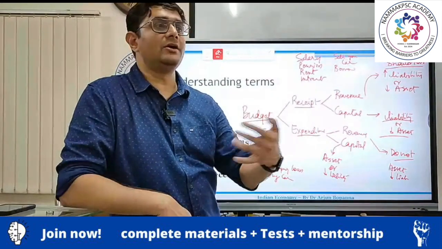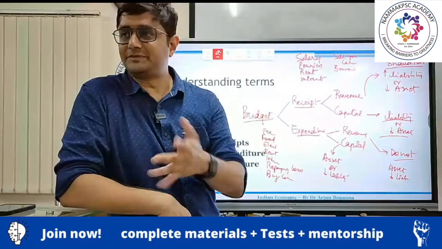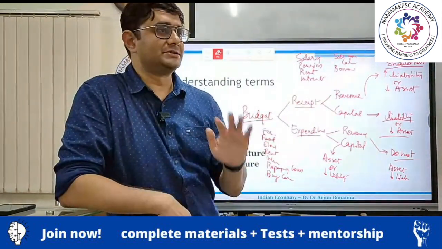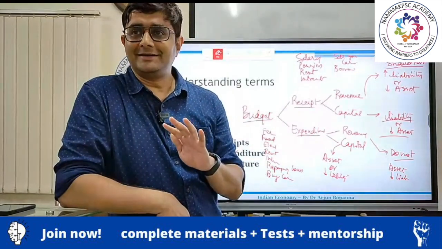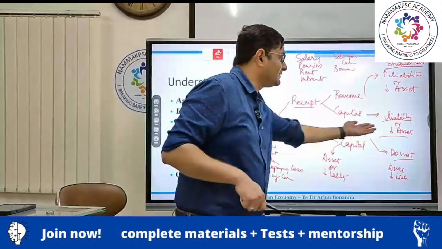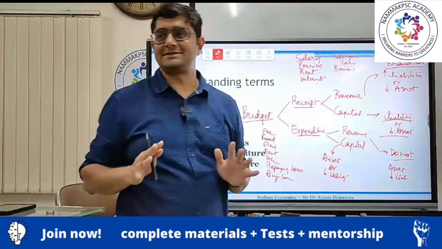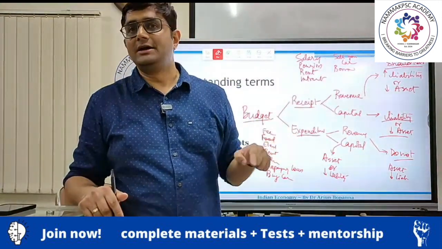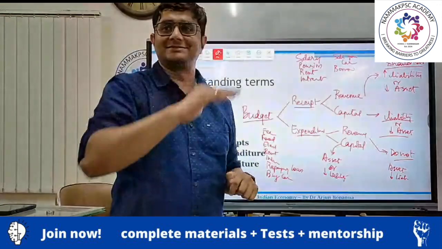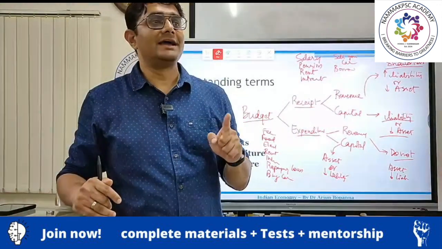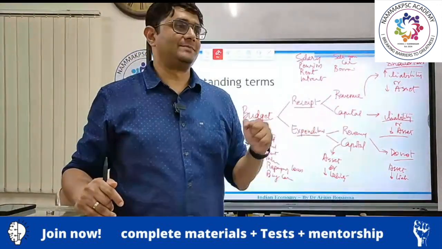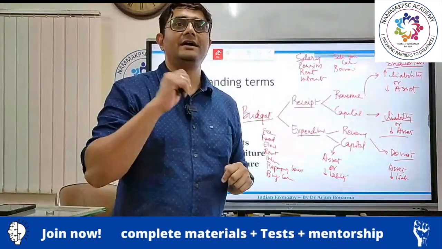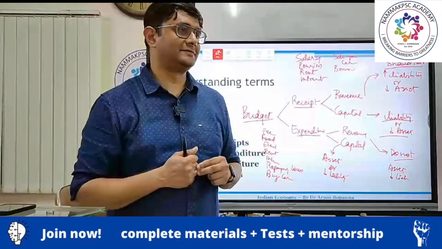Government spending on salaries, subsidies, pensions, law and order, defense, does not create any asset. So it is revenue expenditure. Government builds infrastructure. It is capital expenditure because it's creating an asset. It can collect tolls from them.